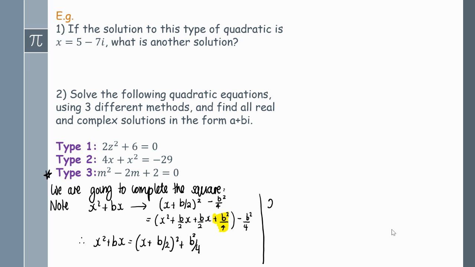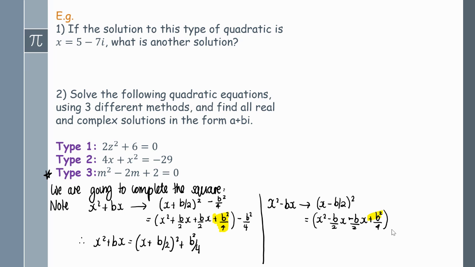The same process will apply if we have something like x squared minus bx. We can write this as x, this time the sign is a minus in between our two terms, so x minus b on 2 all squared. But again, when we do this, we're going to have this extra b squared over 4 that we didn't have in the beginning.